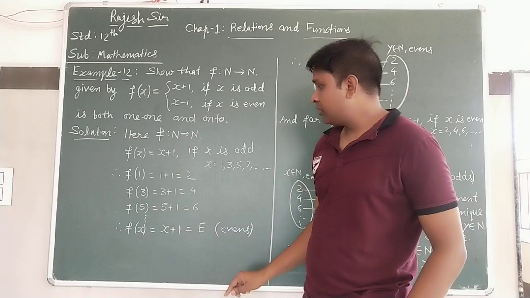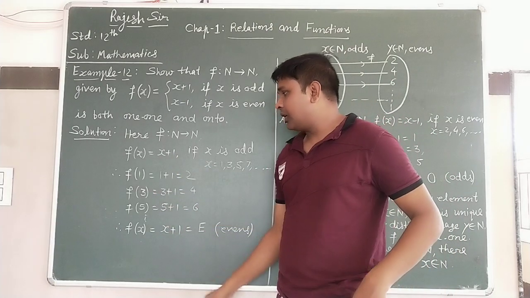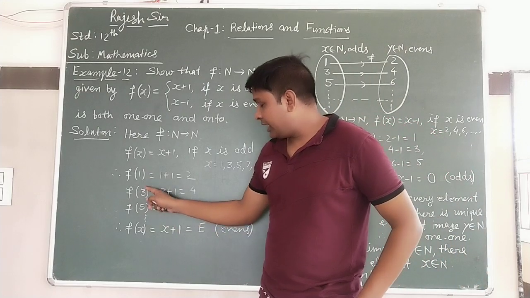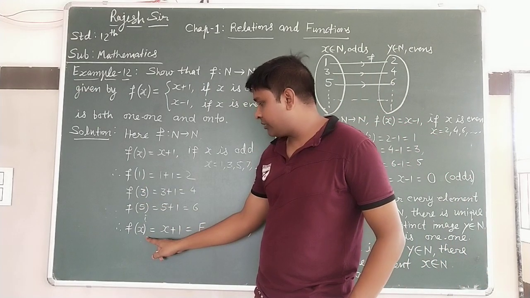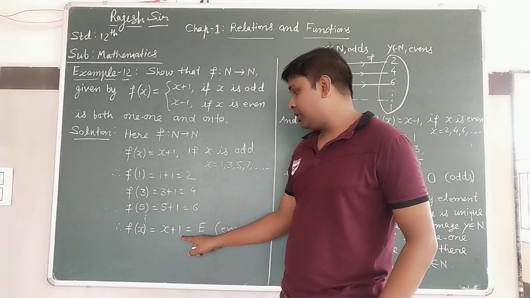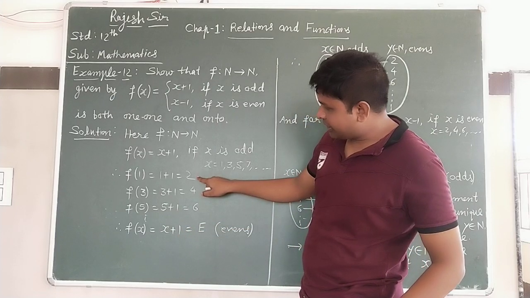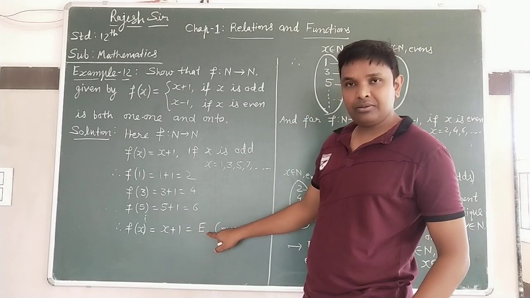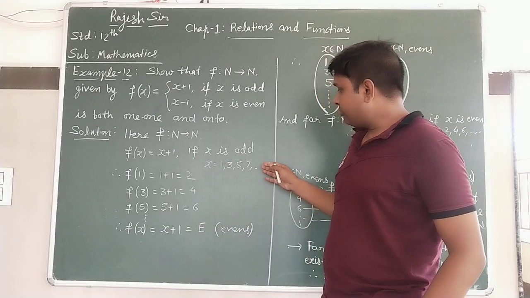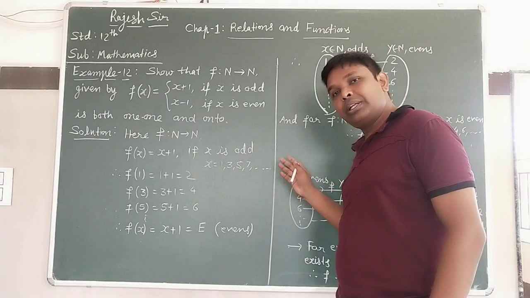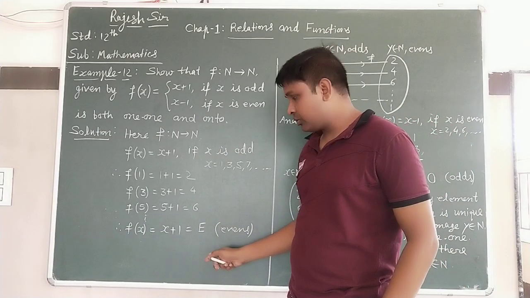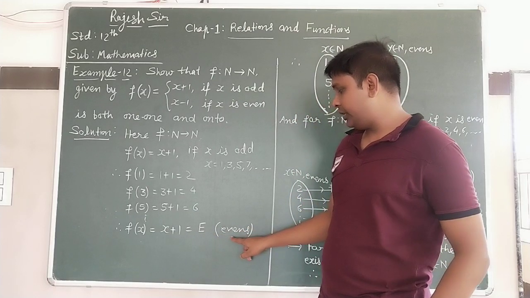So what is the conclusion? Any value of x we place, we get x plus 1, and this answer is always 2, 4, 6, which means even. When we place the next values, we will get all even numbers.